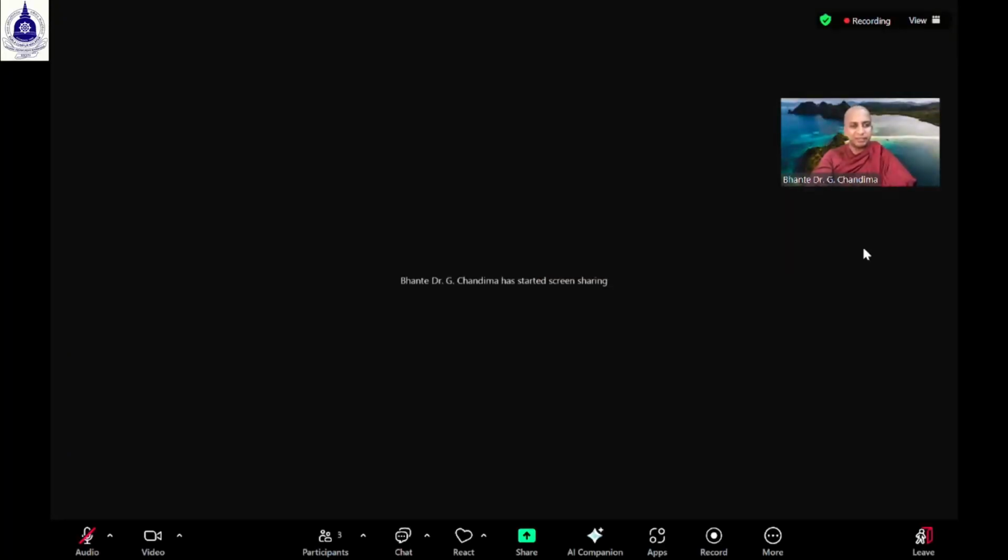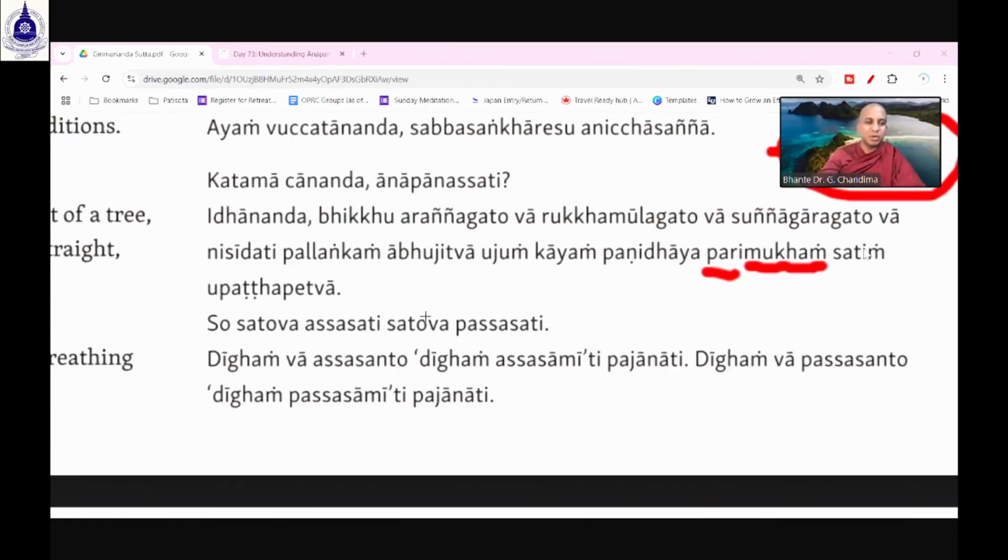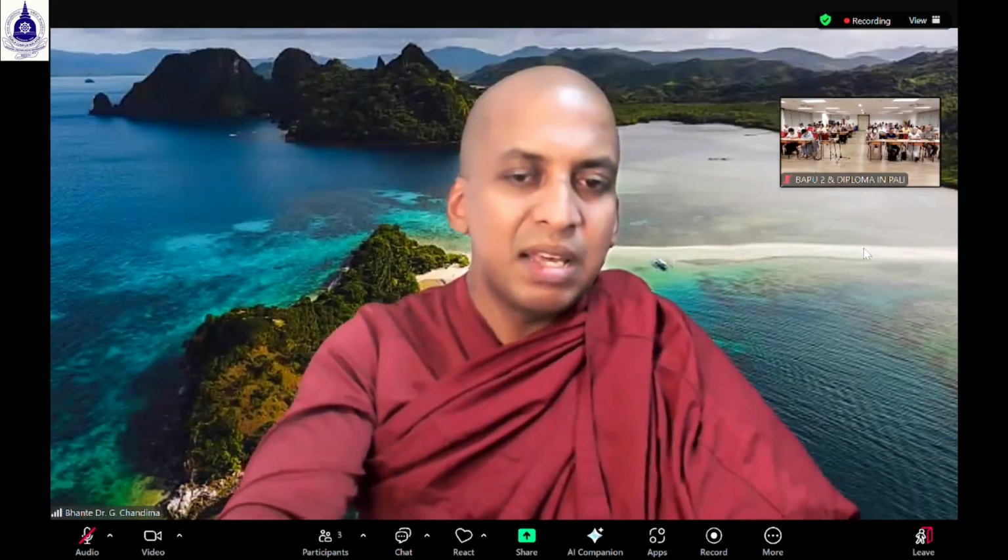Now, what's happening? Satim Upatthapetva. Now, the Buddha is talking about 4 areas that one may go to practice breath meditation. I want to tell you that in the Satipatthana Sutta, the Buddha does not talk about the 4 tetrads. Because breath meditation must be practiced through 4 tetrads if somebody is very serious about it. But it doesn't mean everybody has to be serious about it.